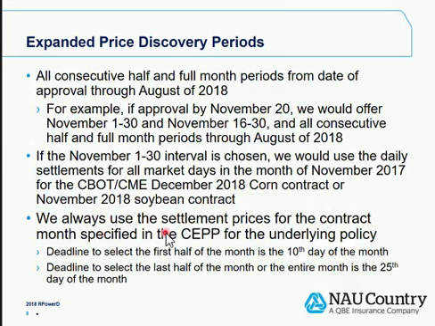We always use the settlement prices for the contract month specified in the SEP, or the contract endorsement for your underlying coverage. The deadline to select the first half of the month is the 10th. So if for December you need to select the first half of December by the 10th, you have up until the 25th of the month to purchase the full month of December or the last half of December.